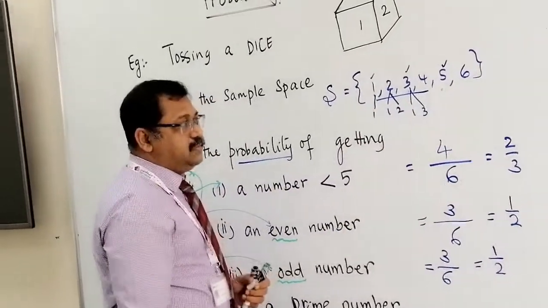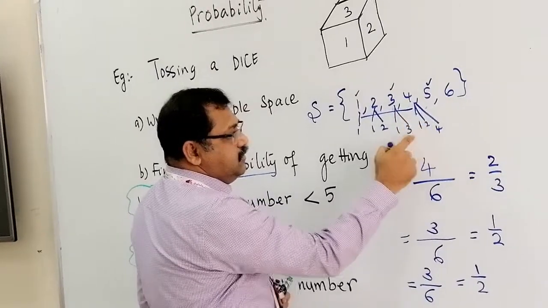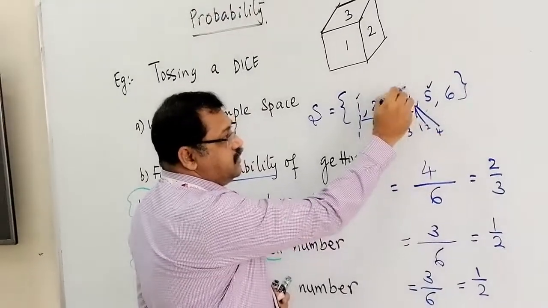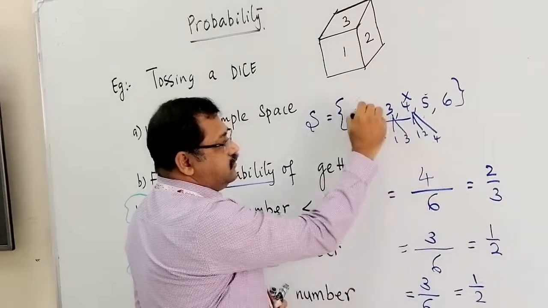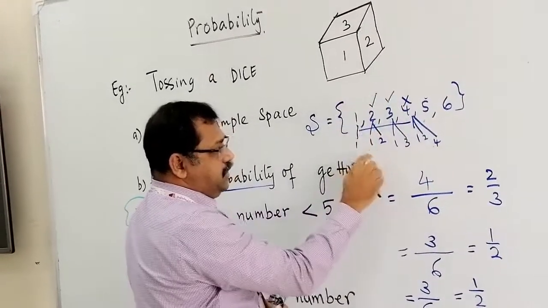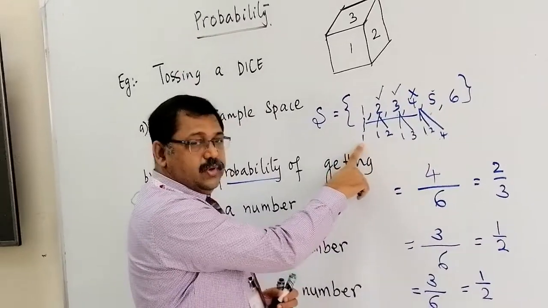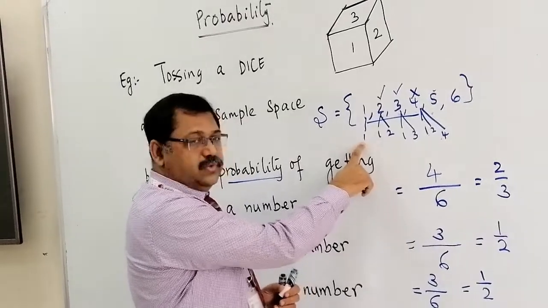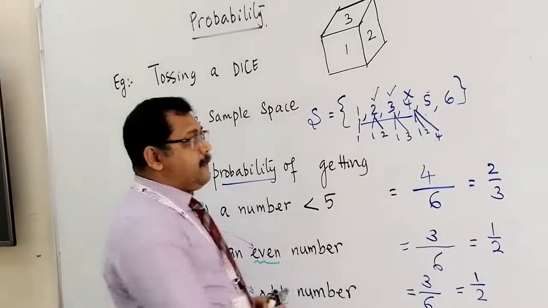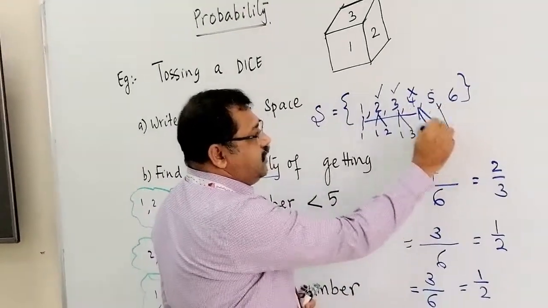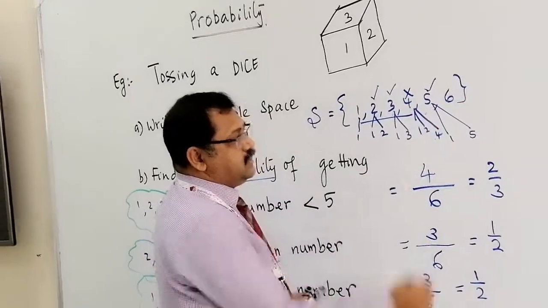We cannot divide 3 by any other number. But 4, you can see, has 3 factors, so 4 is not a prime number. 2 is a prime number, and 3 is a prime number because there are exactly two divisors. Here we cannot call 1 a prime number; we call it a unit because there is only one divisor. And 5, again 5 has exactly two divisors.